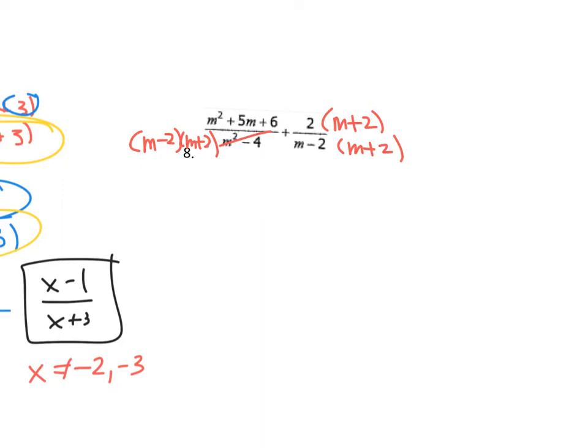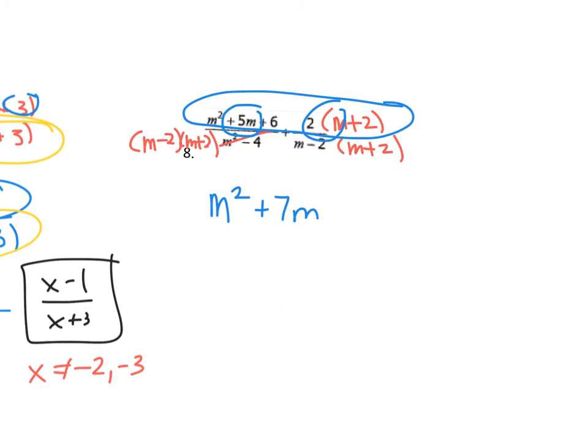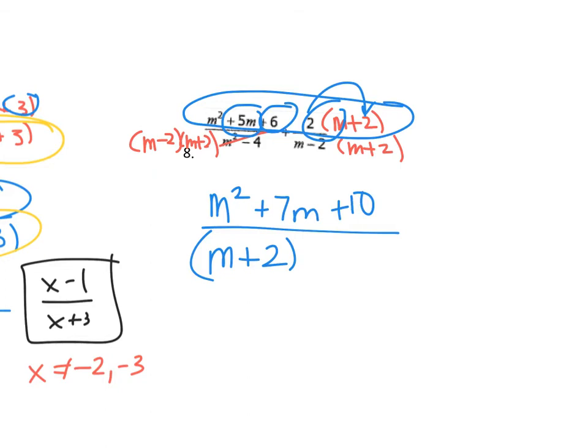So now that I have a common denominator of m minus 2 times the quantity m plus 2, I'm going to take my numerator and simplify this to be m squared. Now I have 5m and 2m, so it's going to be 7m. 6 plus 4, don't forget to distribute that too, is going to be 10 over m plus 2, m minus 2.